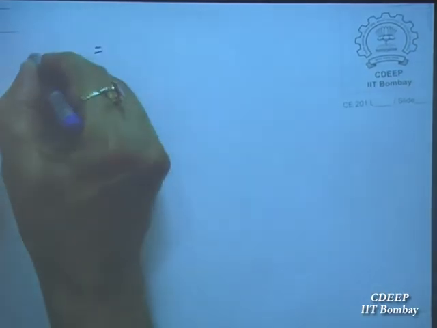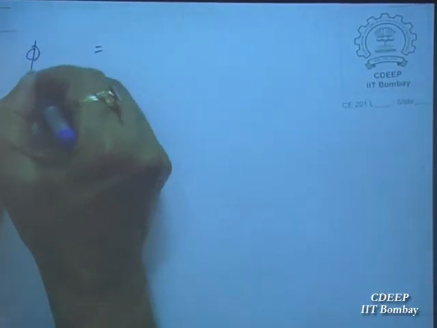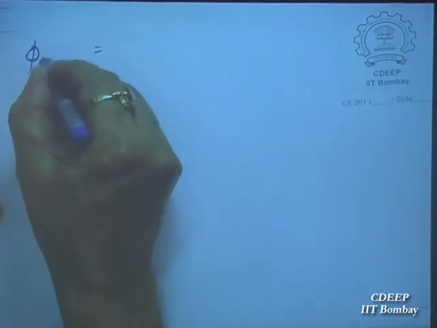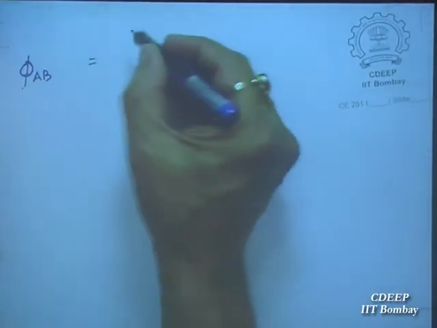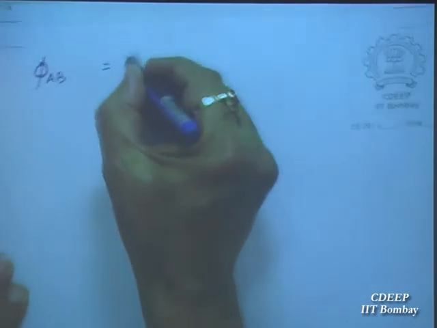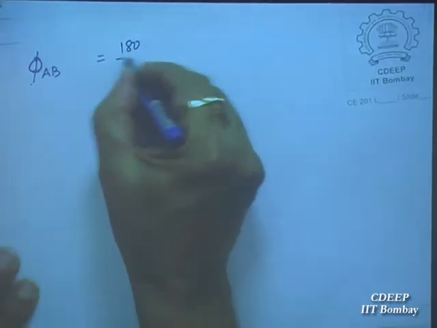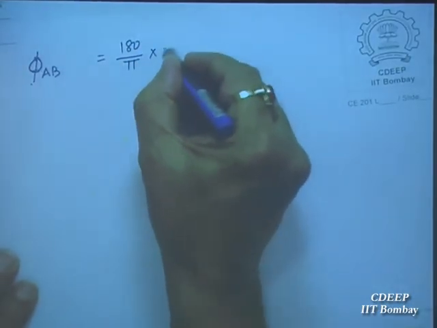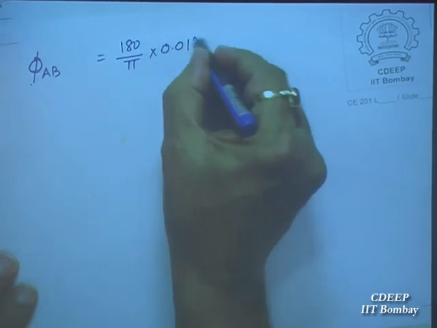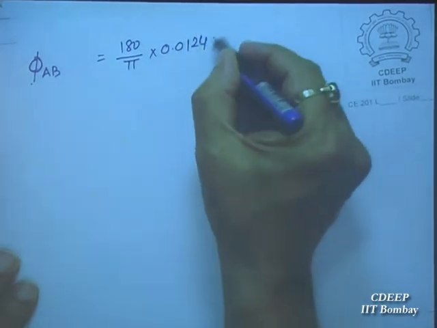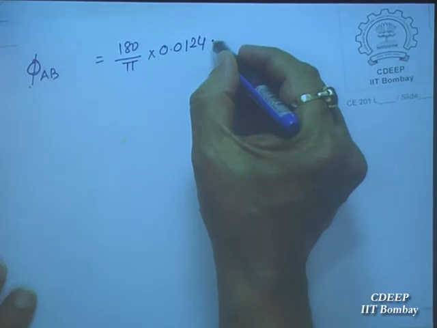So that is angle phi AB, which is equal to 180 divided by pi into 0.0124.